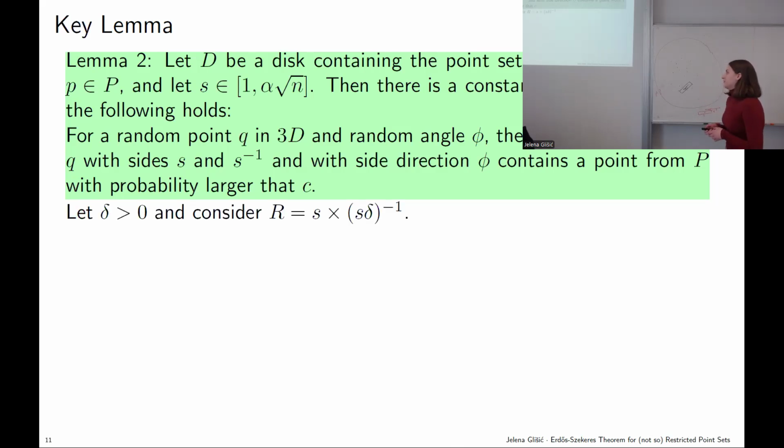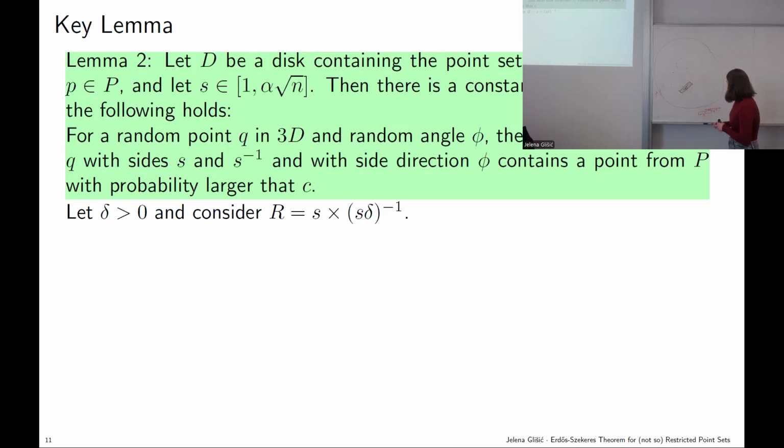So how do I do this? Let's see. Instead of this rectangle, I will consider a slightly smaller rectangle, which depends on some parameter delta, and just its smaller side will be smaller by delta.